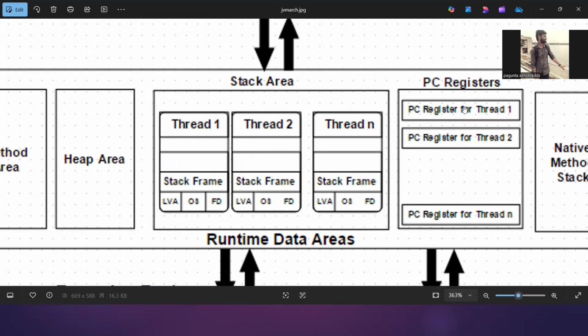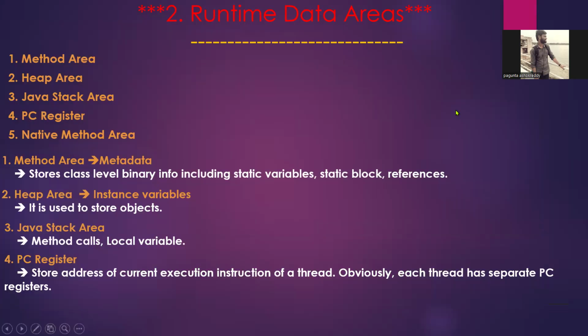Thread 1's PC register is stored here, thread 2's address is stored here. What is the purpose of the PC register? It stores the thread's address and tracks the thread execution only.